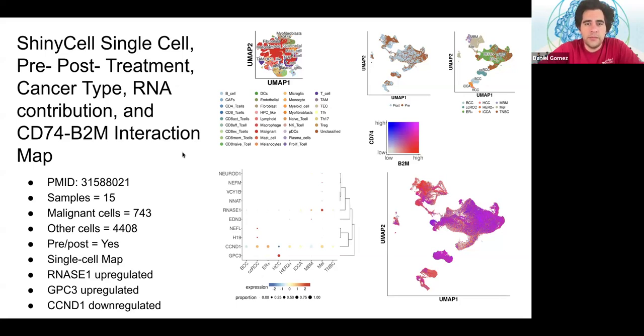So those are all the different cell types that are shown in the UMAP, uniform manifold approximation and projection. And next to it, we see the different cell types.